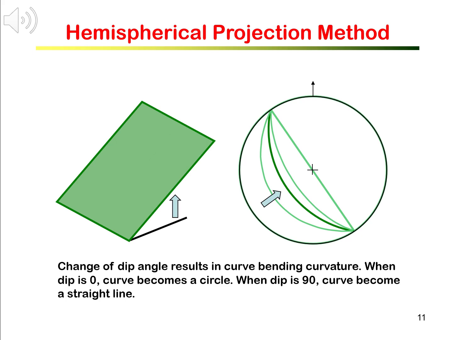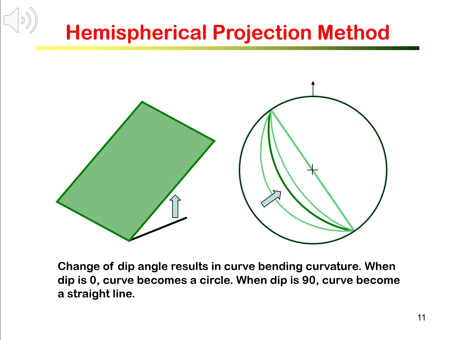So, as we show on this slide, change of dip angle results in the change of curvature of the arc. Increasing the dip angle of the plane from 0, that is horizontal, to 90, that is vertical, will lead to the decrease of arc curvature from a circle to a straight line.